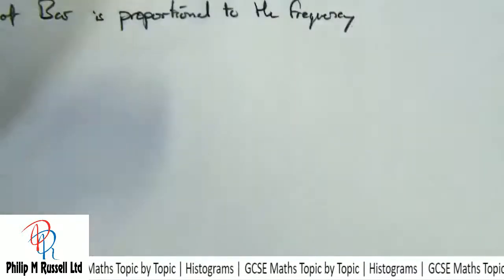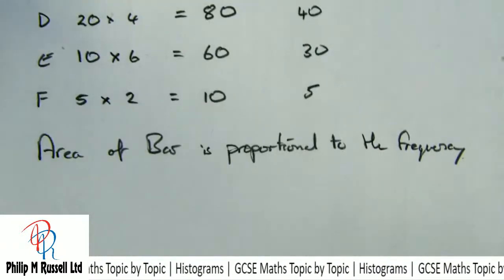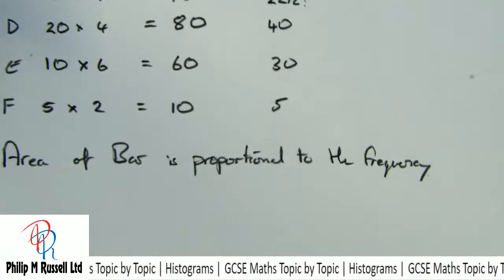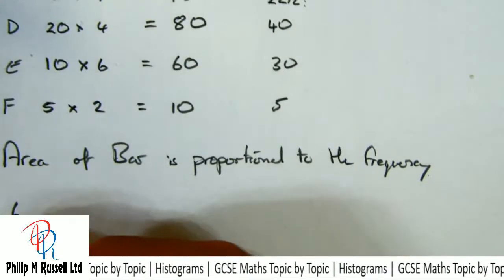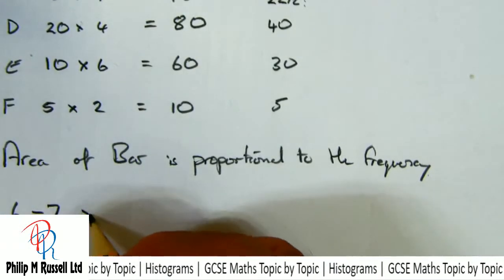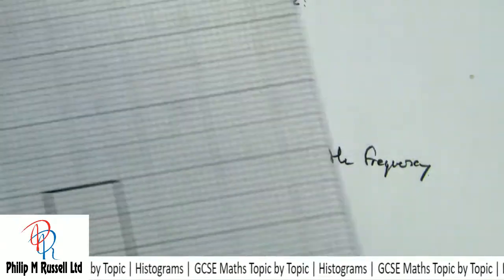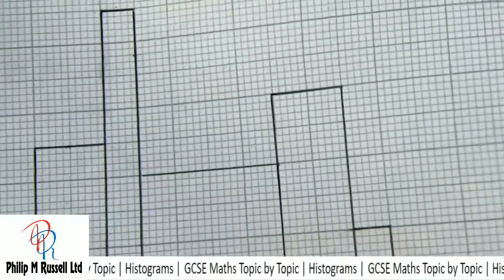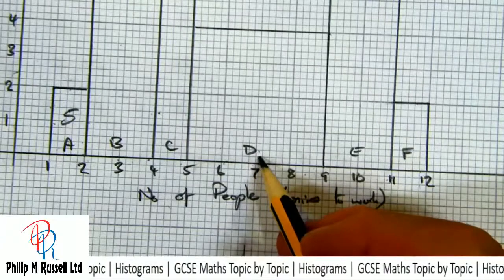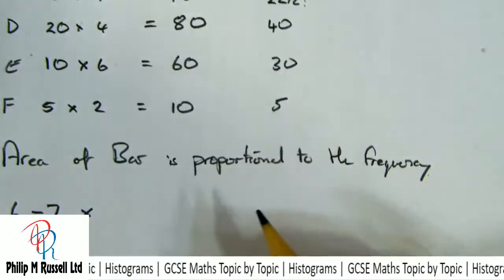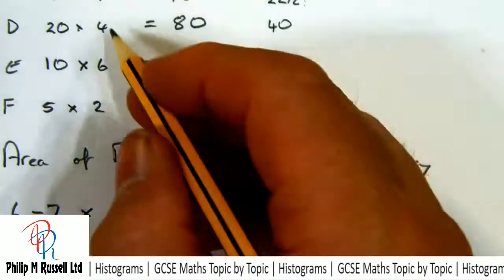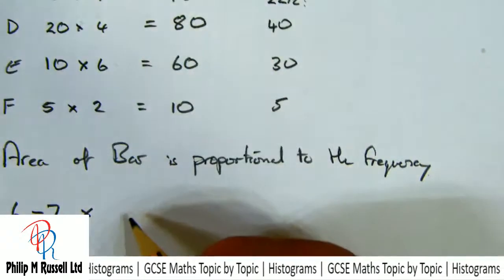So if I want to know between here 6 and 7, then we know it's in group D. So we've got our D, which we know is 4 high.